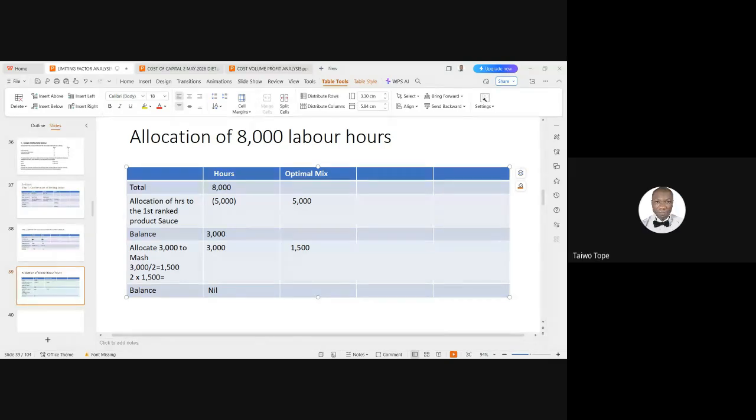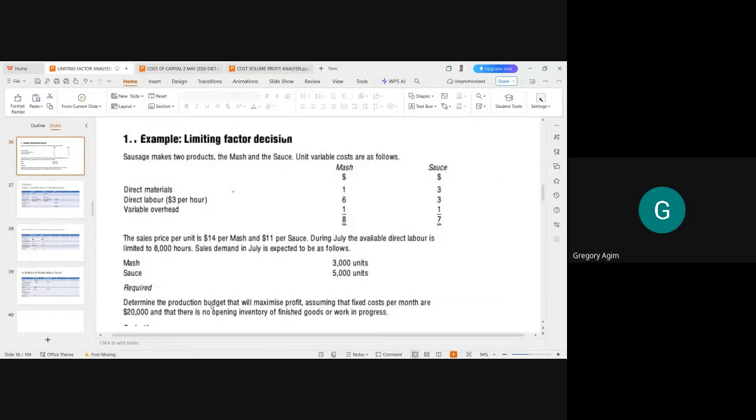So, let's go back to the question. The question is tricky somehow. Determine the production budget that will maximize profits, assuming that fixed costs per month are $20,000, and that there is no opening inventory of finished goods or work in progress.